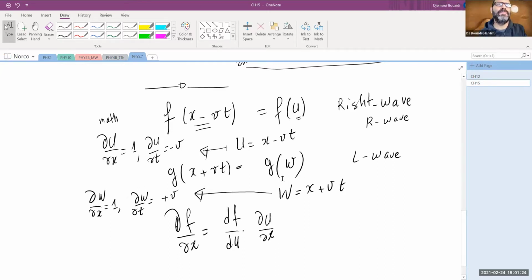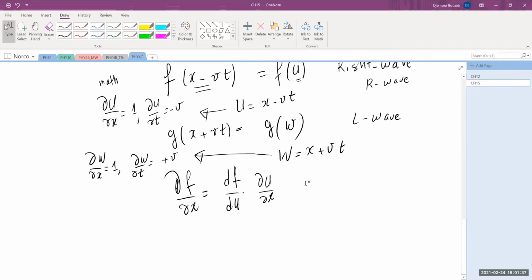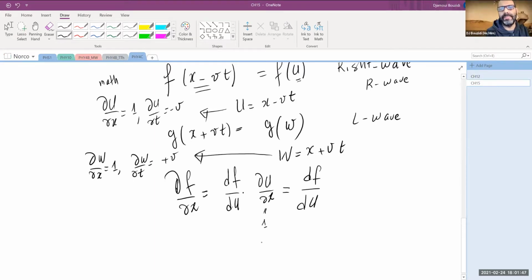Is this correct? Because v is constant. v was just something that I artificially put in there to make the units correct. Does this make sense? Yeah, it's getting clear. So the partial of f with respect to x is simply the straight derivative, the old one that you have seen, with respect to u, because this is 1. Okay.